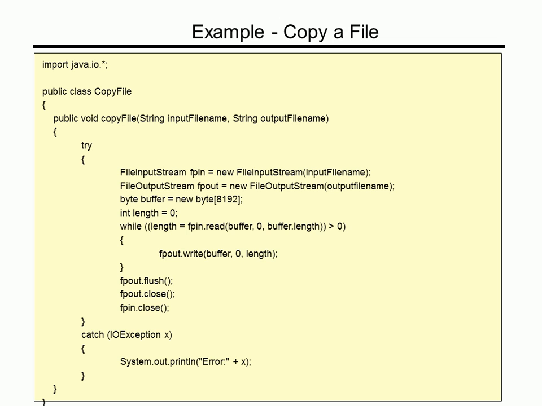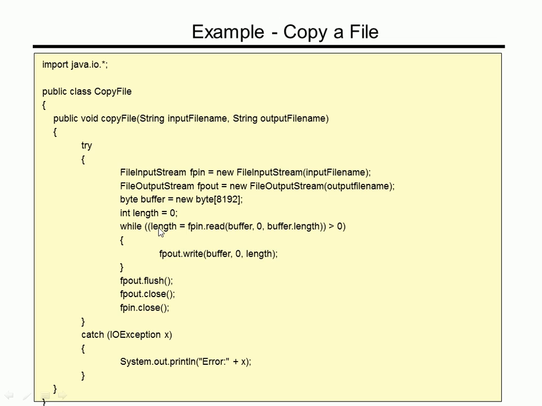So once we've created an instance of the input stream, we can read the content of that file. So while file input stream dot read, then you pass the buffer to it, is greater than this buffer dot length. You just created some buffer here to know whether there's data there. If this is greater than this, then you write it to another source. You write it to another buffer.